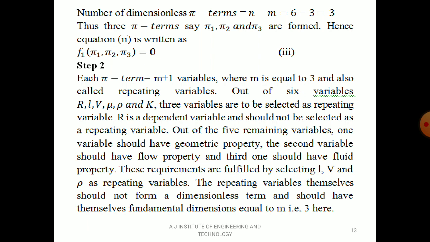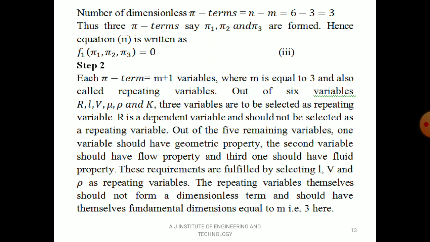The second is a flow property, and there is a velocity term, so V is the flow property. The third should correspond to a fluid property, so we can see mu as well as rho. We should always give importance to density. So it is rho. So L, V, rho are taken as repeating variables.